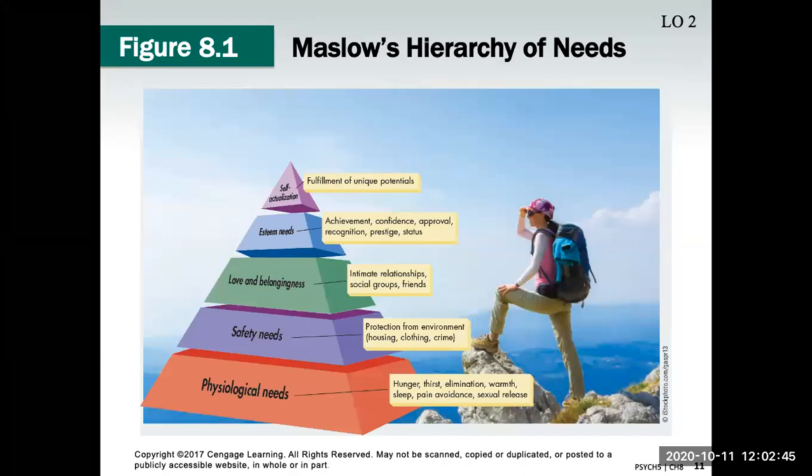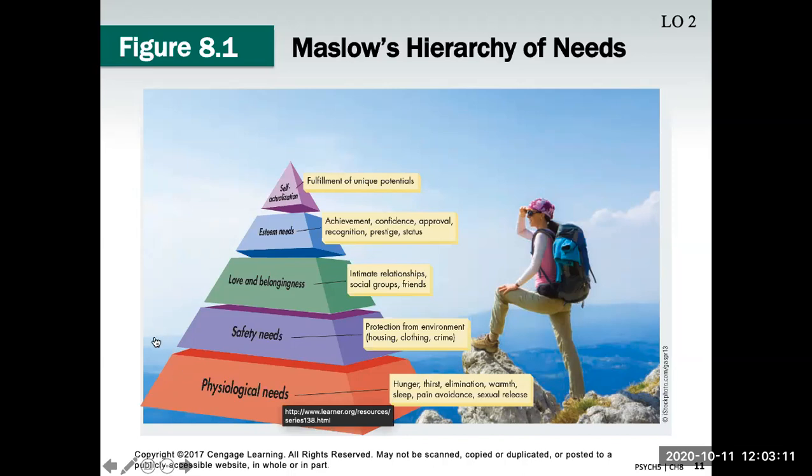According to Maslow, the physiological needs are things like food and water and using the bathroom and staying warm and getting some sleep. If you can't get these needs met, there is just no way that you can build on top of them. So this has to occur before you can move on to the next step.